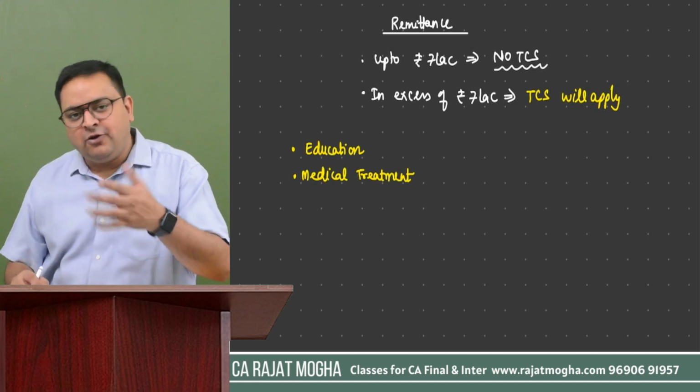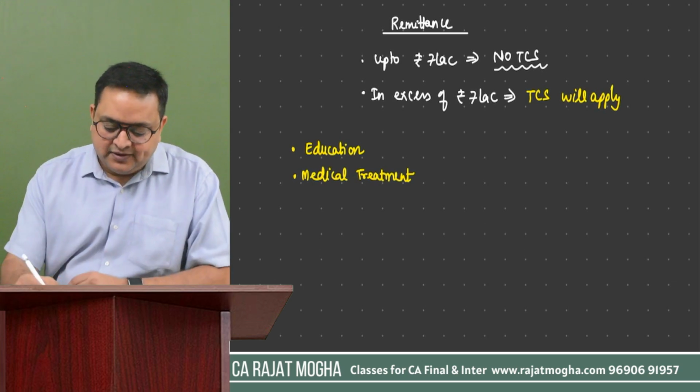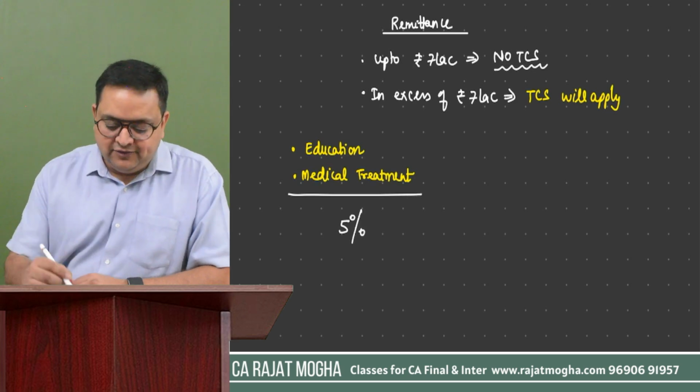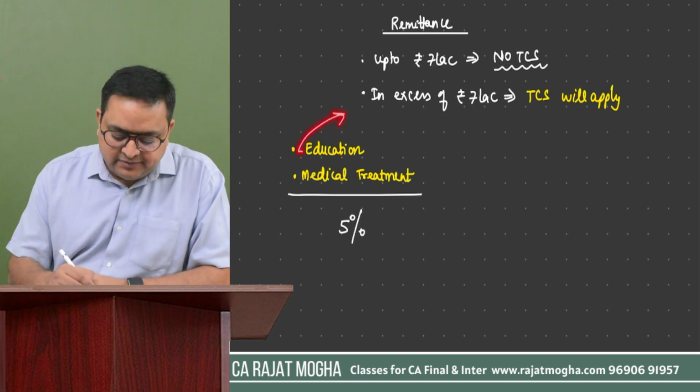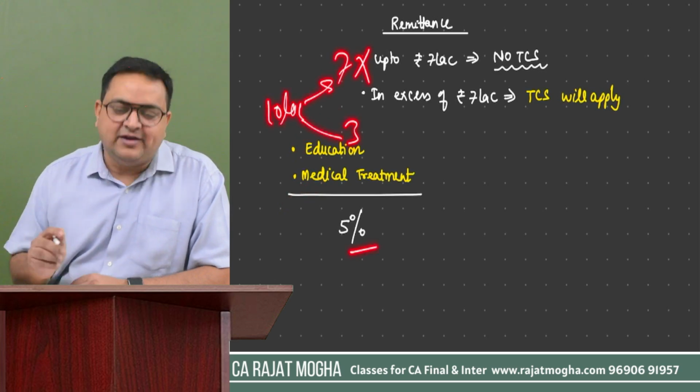Then up to 7 lakh, of course, we will not be collecting TCS. But in excess of 7 lakh, we will be collecting TCS at a rate of 5%. Right. So if you are remitting outside India for education purpose or medical treatment, let's say 10 lakh rupees, on the first 7 lakh, no TCS. On 3 lakh, it would be 5%.